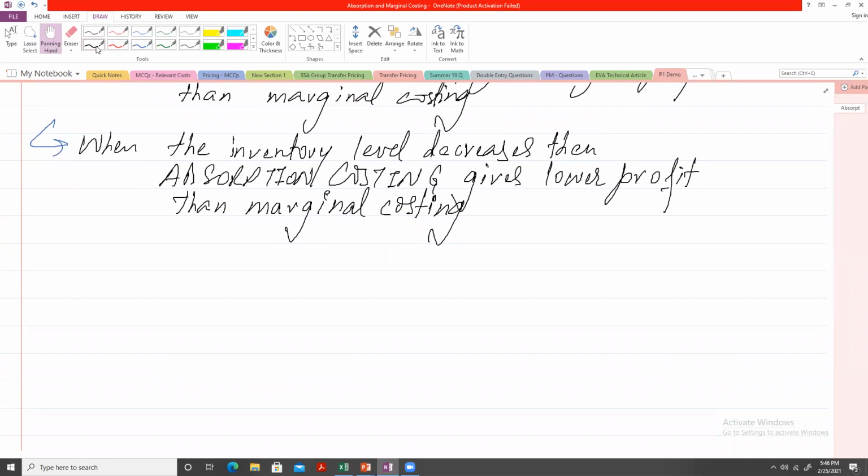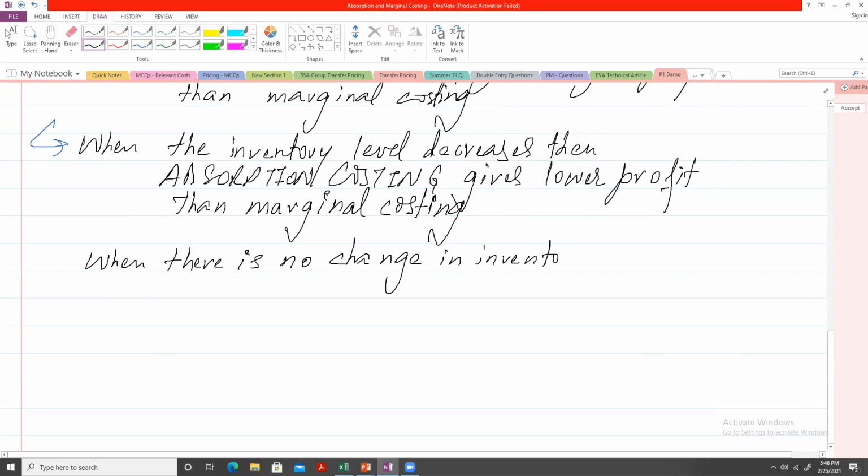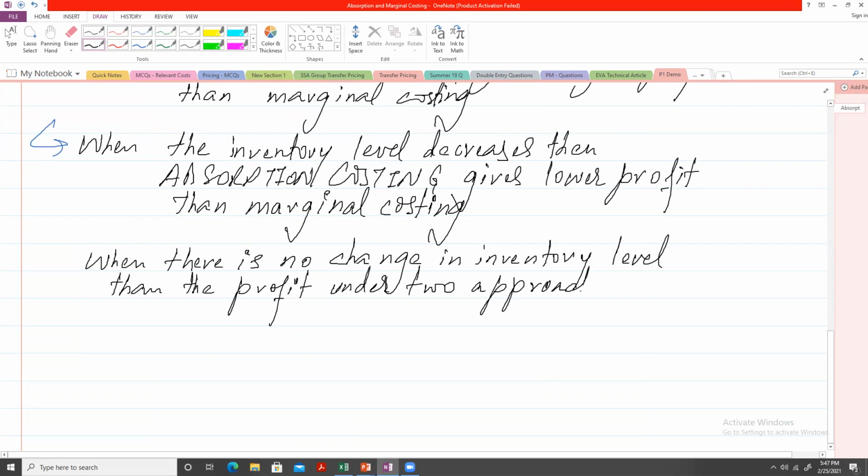And when there is no change in inventory level, then the profit under the two approaches remains the same.